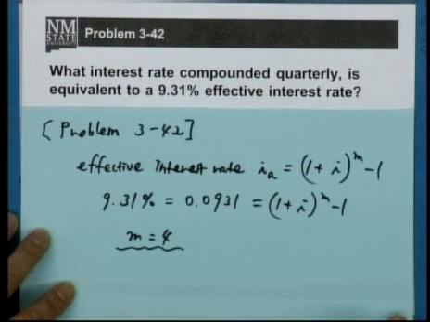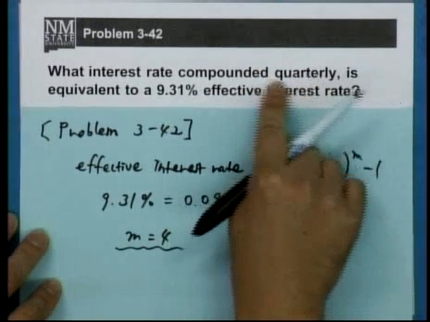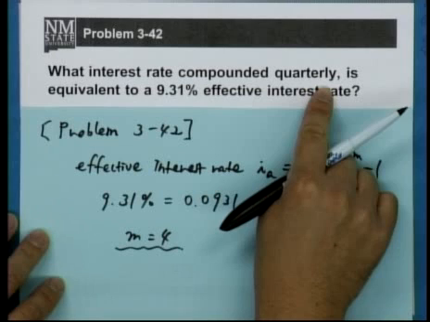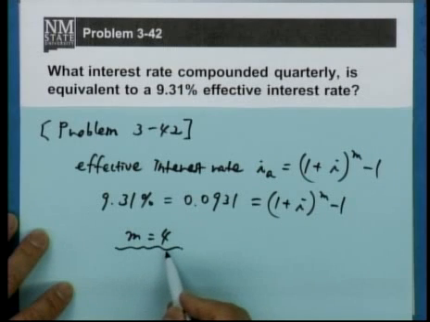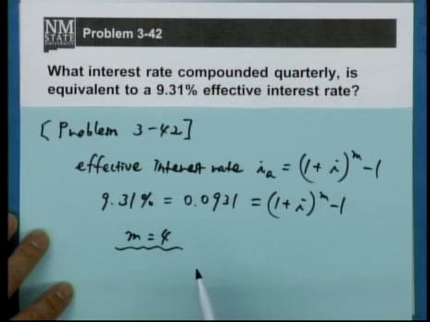Why is that? Because there exist 4 quarters in a year, right? 4 quarters in a year. So we're going to use m equals 4. And m is the number of compounding periods per year. You remember that, right?